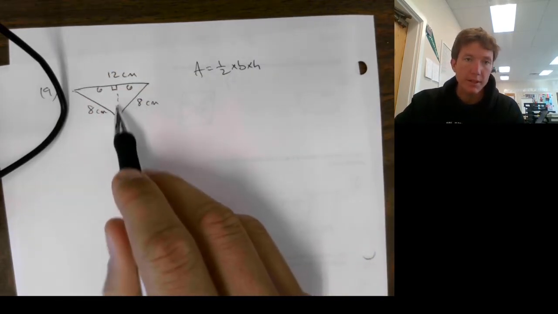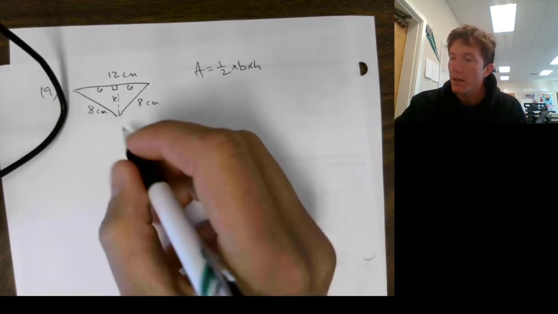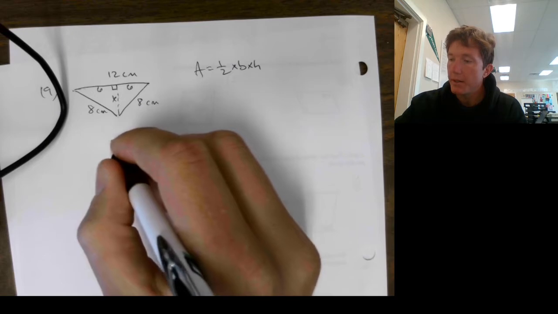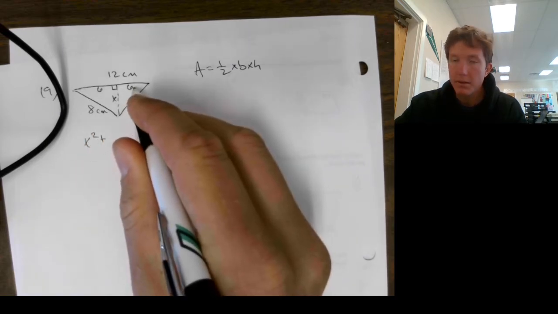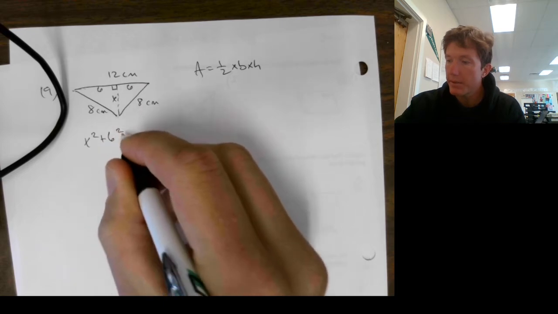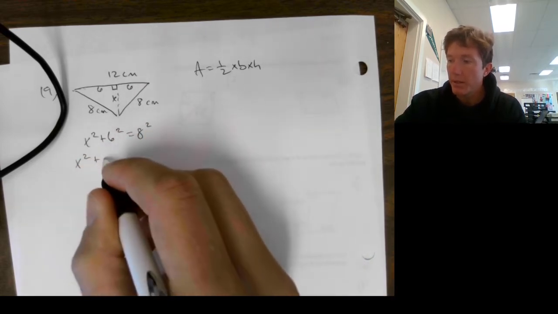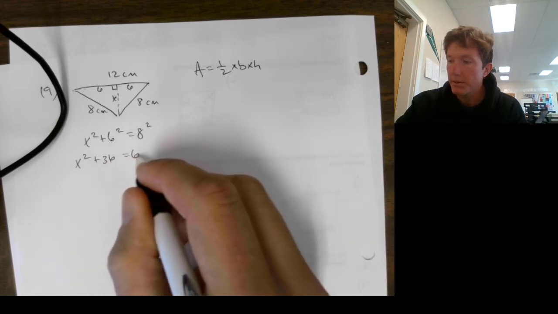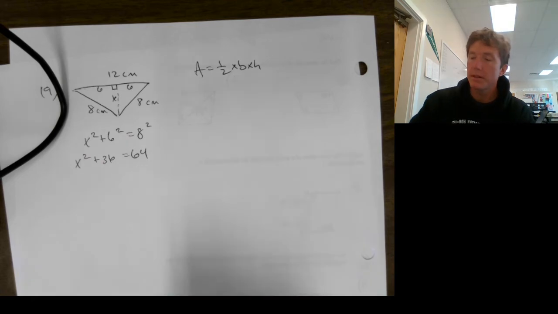So to solve for this leg here, we'll call it x, my leg is x squared plus the other leg, 6 squared, equals 8 squared. So x squared plus 36 equals 64. 64 minus 36 is 28.